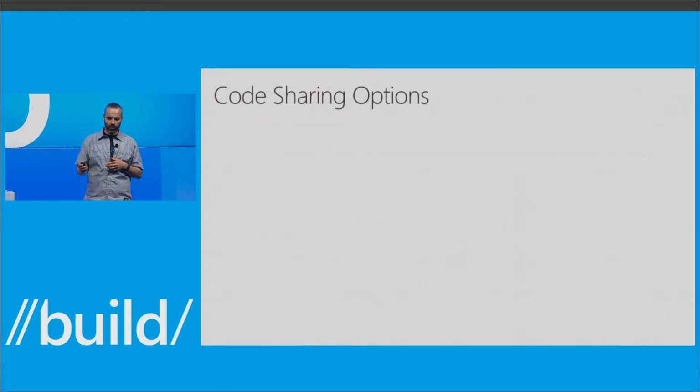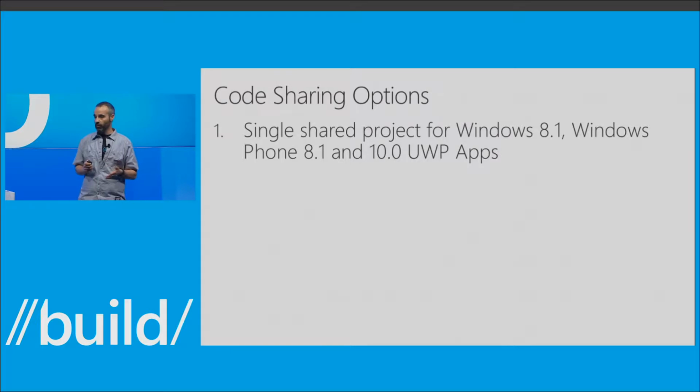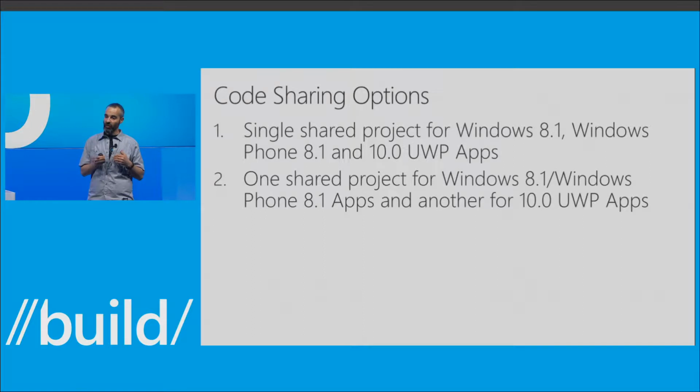All right. So code sharing. There's a lot of options for code sharing as well. You could have a single shared project that is sharing code between all of your projects, your 8.1 and your UWP. You could have one shared project that you keep for just your Windows 8.1 apps, and then another one for your 10.0 apps if you ended up doing dual apps for UWP apps.